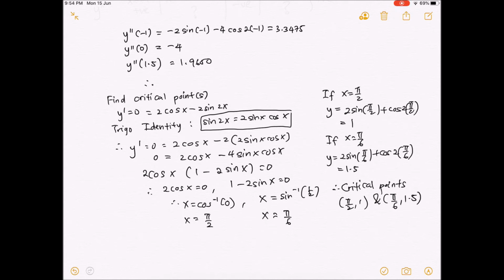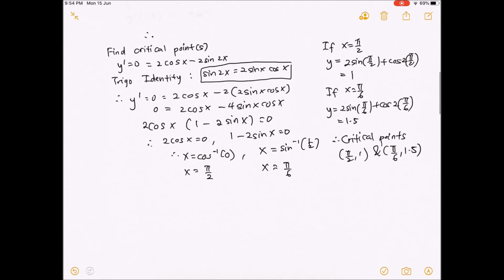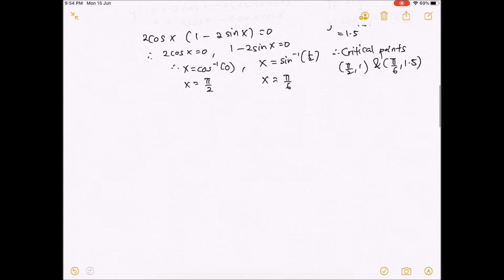Next we are going to test whether these critical points are minimum or maximum using both tests. Let's do the first derivative test first. I have x equals pi over 6 here and x equals pi over 2 here.